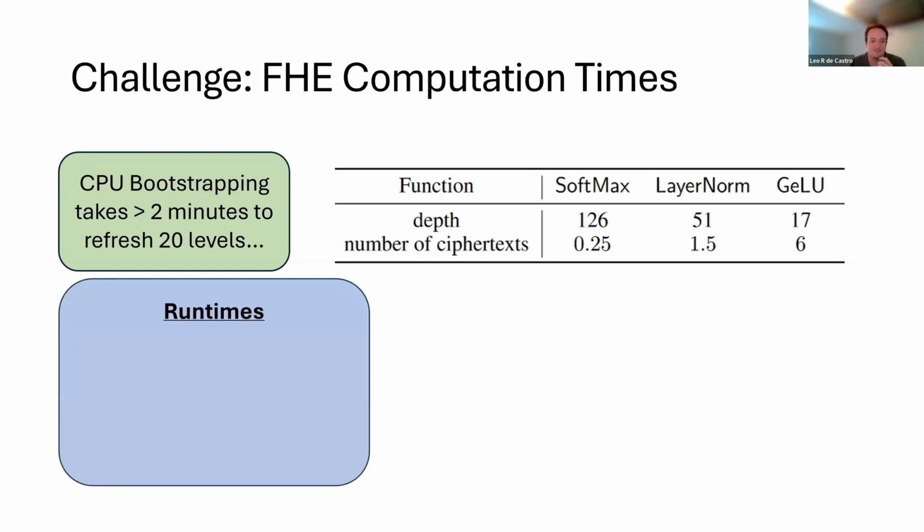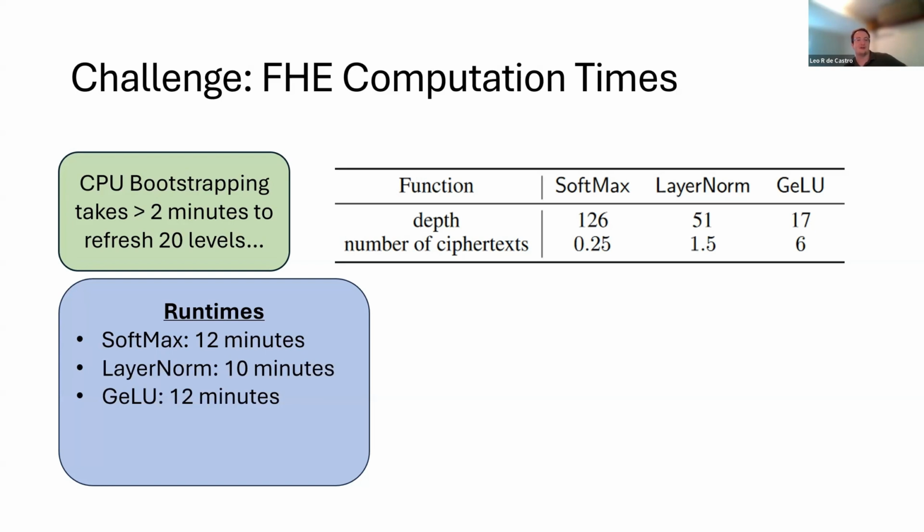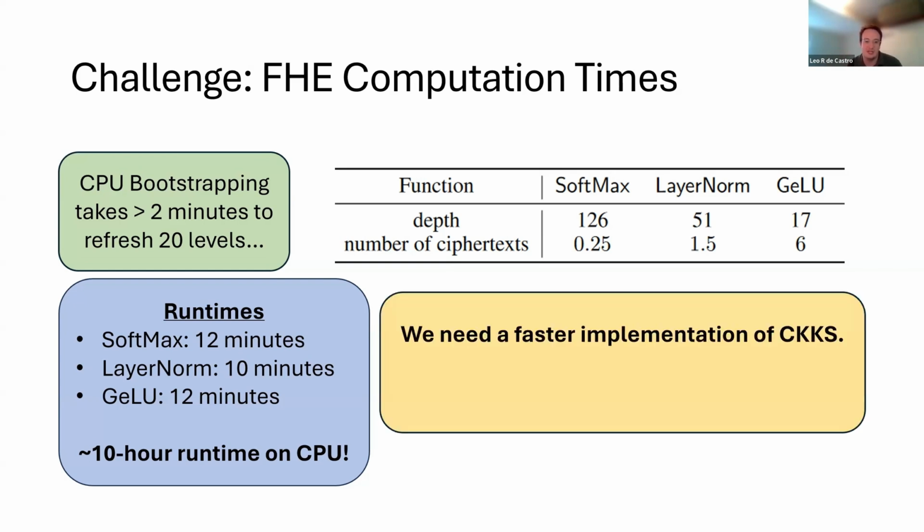So if we do some back of the envelope estimation on how long these activation functions would take on a CPU, we get roughly 10 hours of compute time for a single forward pass of the LLM. So that's really not acceptable. And so we need a faster implementation of CKKS. And this is why we turn to GPU acceleration.